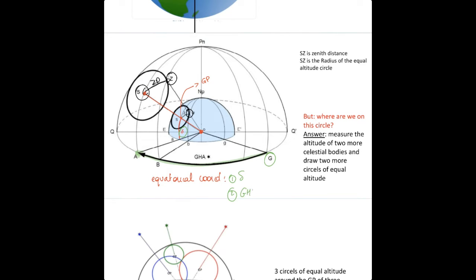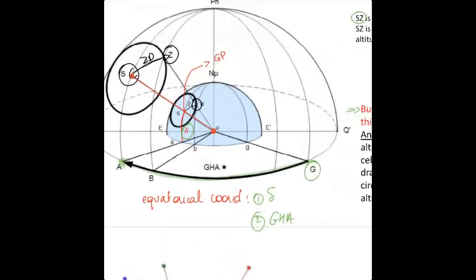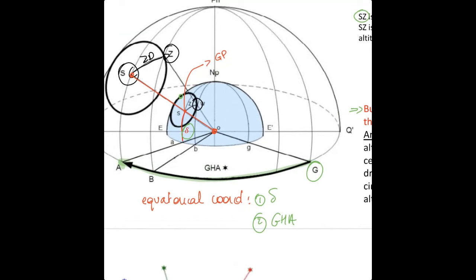As you can see here, z is our zenith distance, and it's also the radius of the equal altitude circle. Now, the only question that we still have to ask ourselves is, where are we on the equal altitude circle? Are we somewhere here, or there, or whatever?